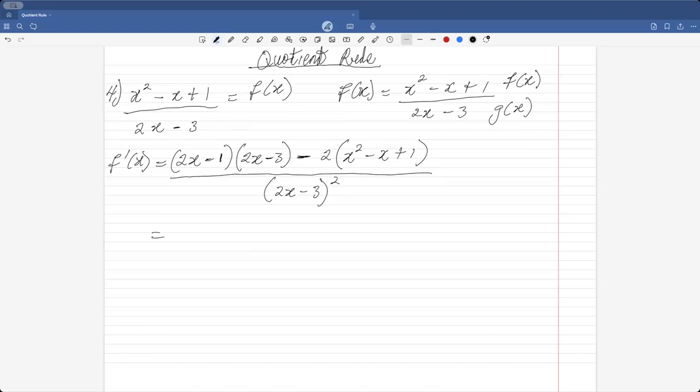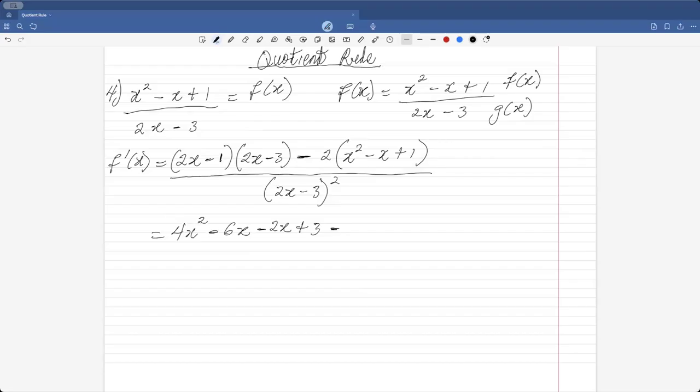So we can open the parentheses above. 2x multiplied by 2x, we have 4x squared minus 6x minus 2x plus 3.